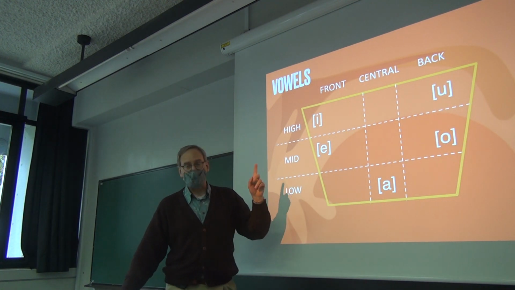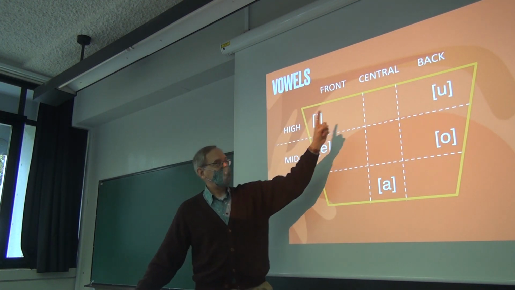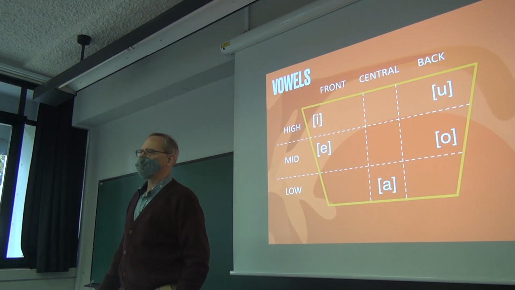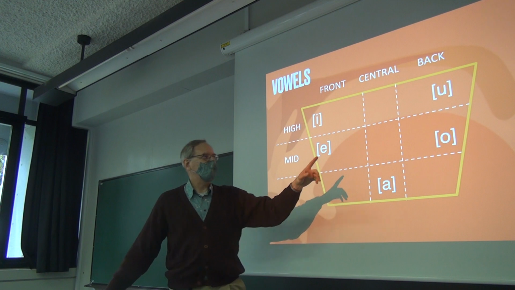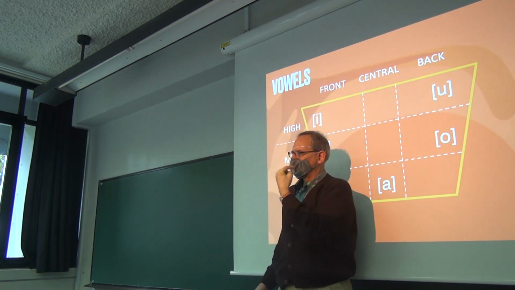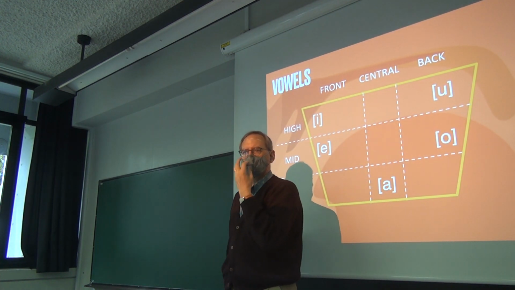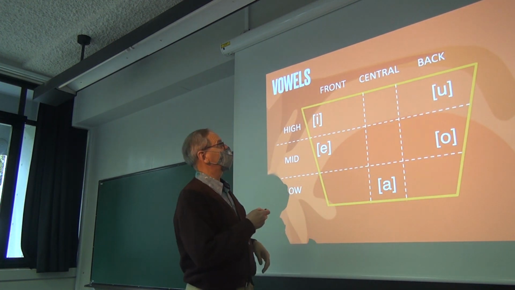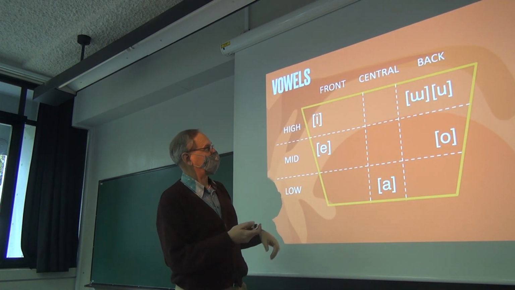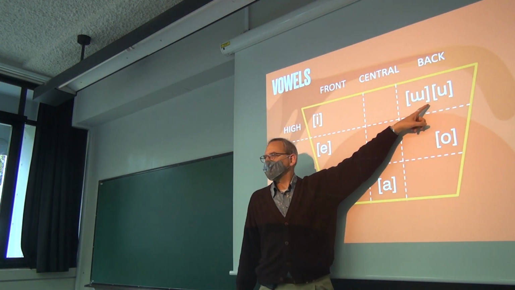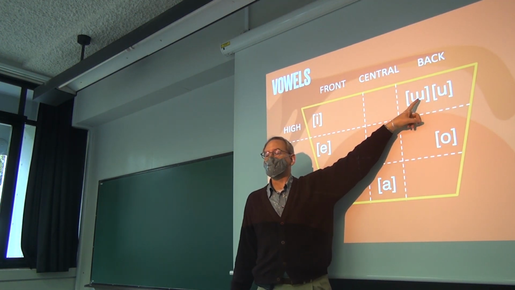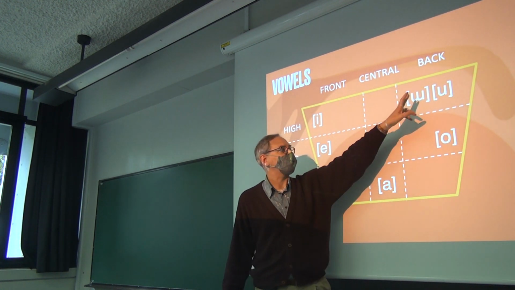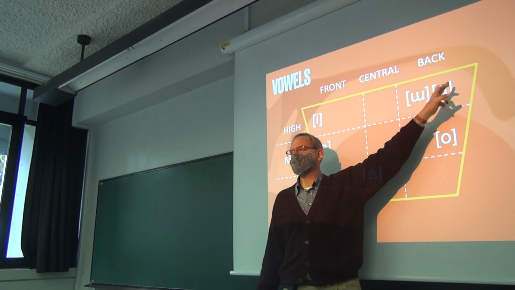Now, I should point out that I began with Japanese vowels, and there's actually a difference between English oo, which is pronounced with a rounded lip shape, and Japanese u, which is slightly different. As a result, the IPA, the International Phonetic Alphabet, uses different symbols.